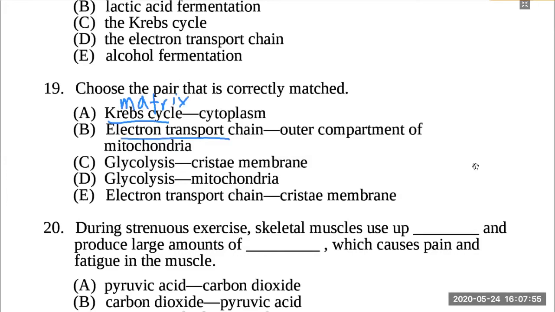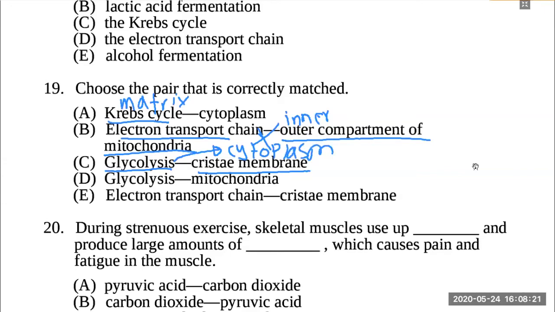Electron transport chain and outer compartment of mitochondria, again, this pair is not true. It should be the inner membrane, the inner compartment of the mitochondria. Glycolysis and cristae membrane is also not true. Glycolysis takes place inside the cytoplasm, not in the cristae membrane.